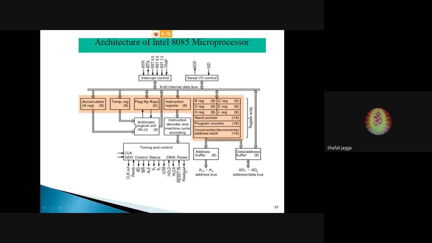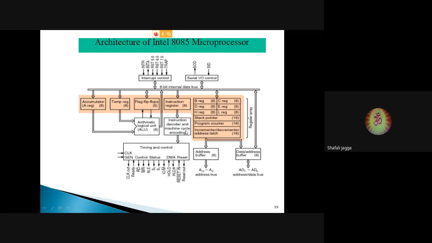Whenever reset in bar is active, again you can say this is an input signal. The direction of the arrow shows this is input; direction output means this is an output signal. Output signals will be generated by the microprocessor, and input signals will be given to the microprocessor from some external device. Whenever this signal is 0, the microprocessor will be in reset mode.